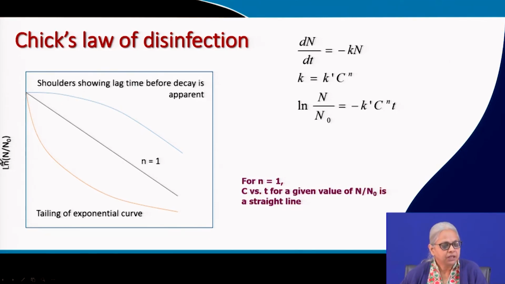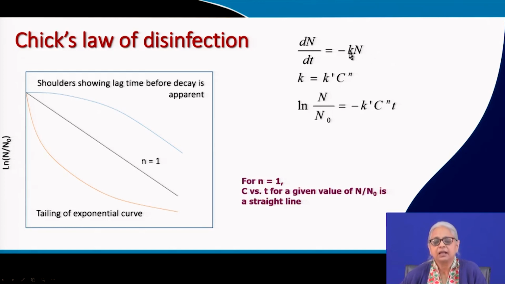So here we have log N/N0. N0 is the initial bacterial population, N is the population at any time t, and the x-axis is also time. You can have these 3 types of curves. The curve in the middle is n equal to 1, based on the equation dN/dt equals minus KN.